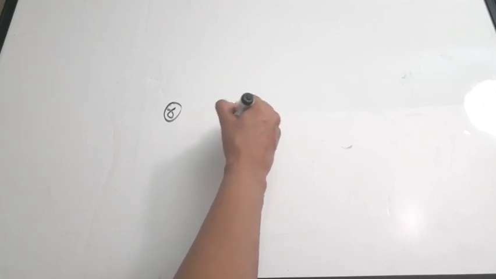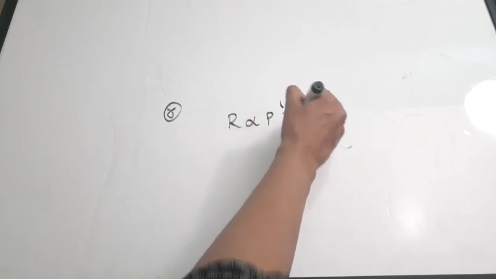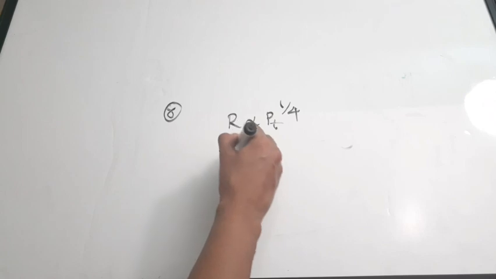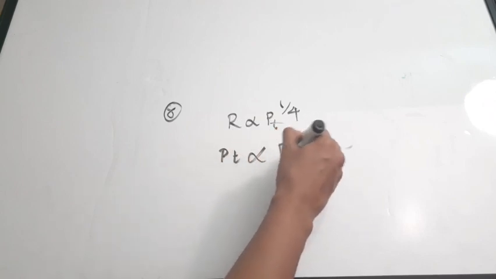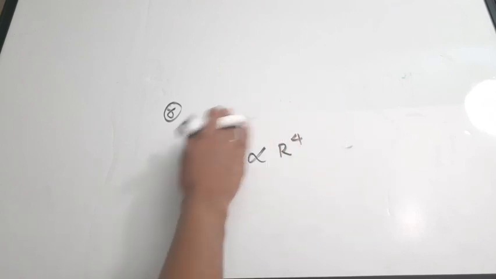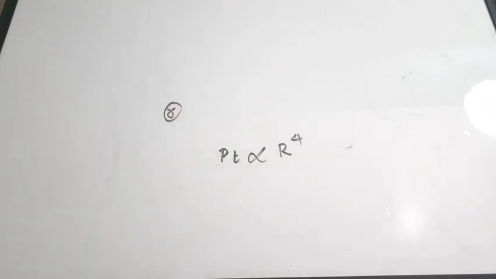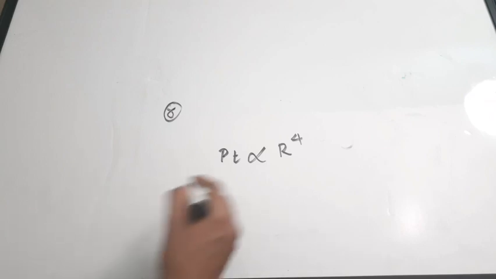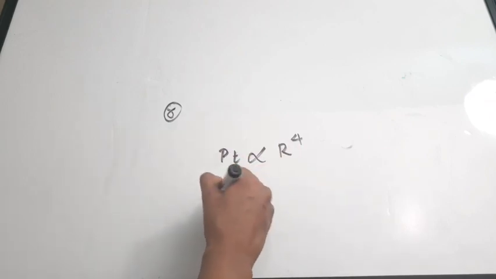Here we are actually changing the range. If the range of a radar is doubled, how is the peak transmitted power affected? R is proportional to PT raised to 1 by 4, or you can write PT proportional to R raised to 4. We have changed it by taking the 4th power. So this is the relation between the transmitted power and the range. We'll write it in terms of ratio.